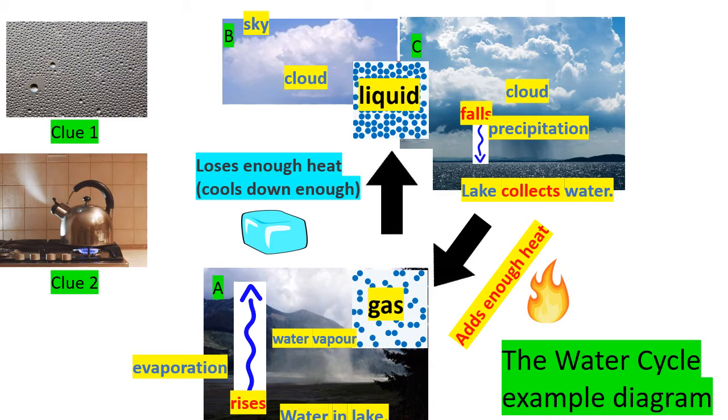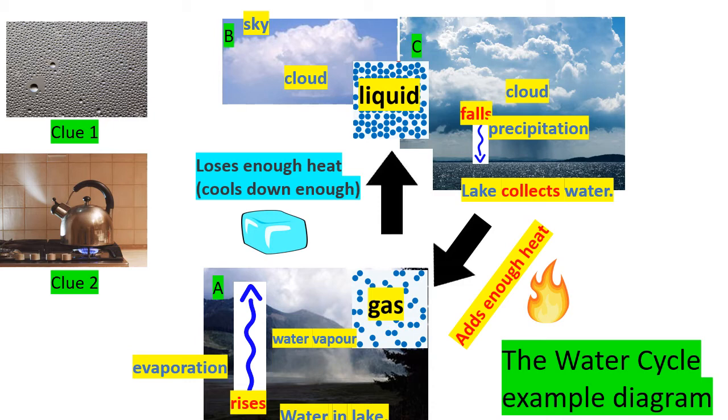So when water, as you've learned in the states of matter unit, when you add enough heat to liquid water, so that could be water in a lake or water from the ocean, that liquid water becomes water vapor, and water vapor is a gas.